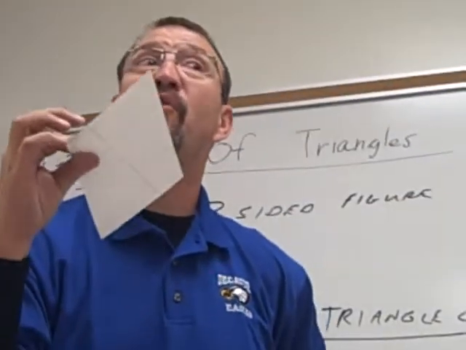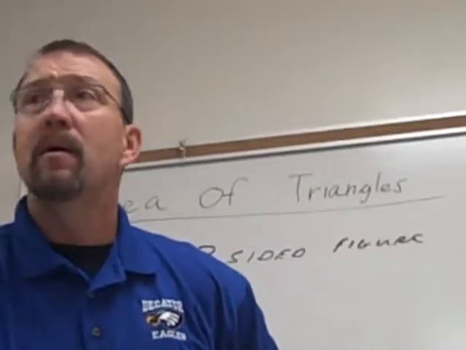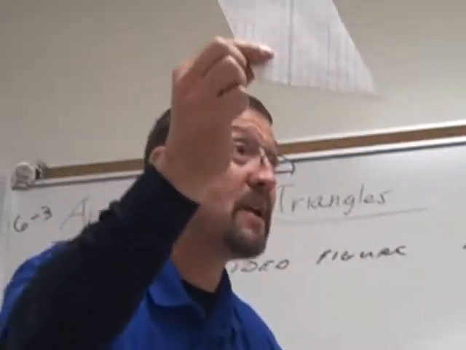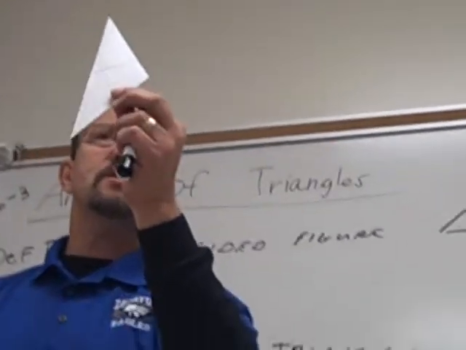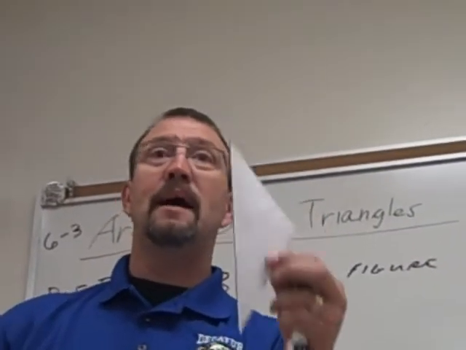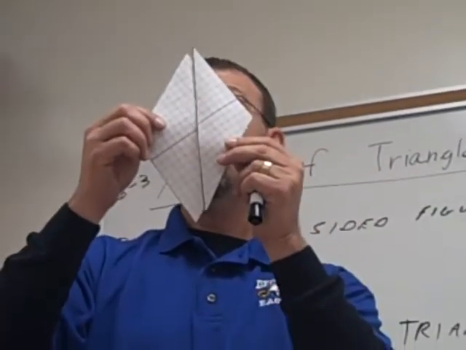What was the formula for the parallelogram? Base times height. What do you think this is going to be? Base times height, divided by 2, or half it. You agree?